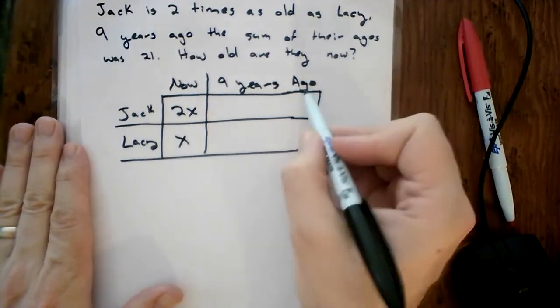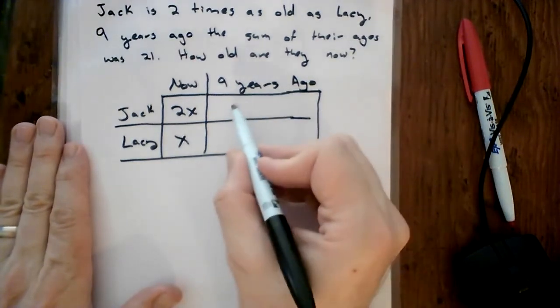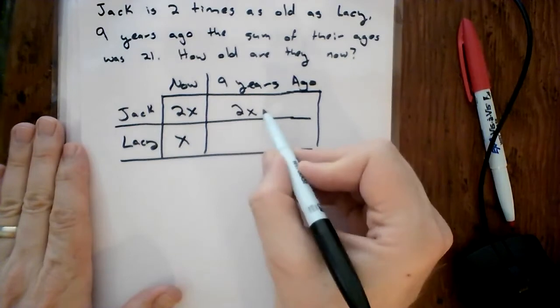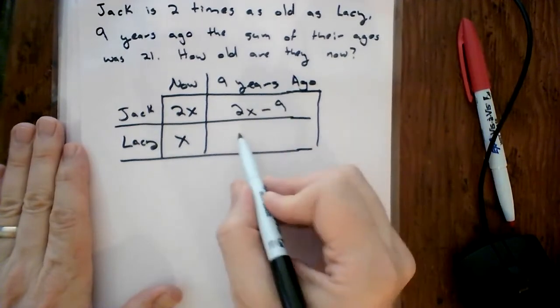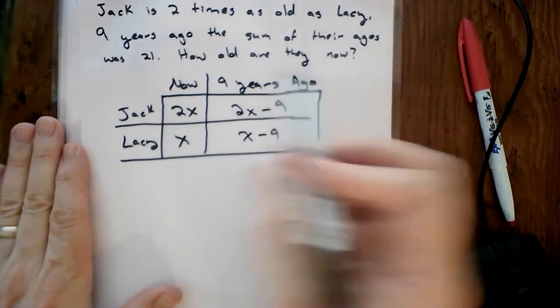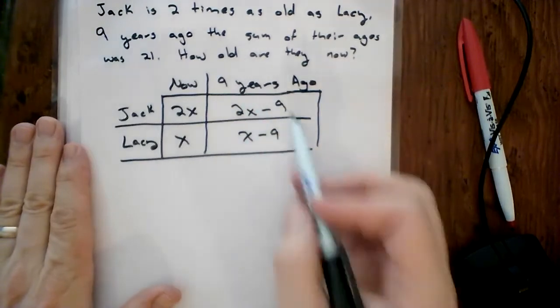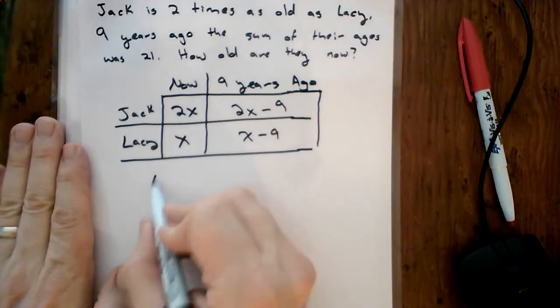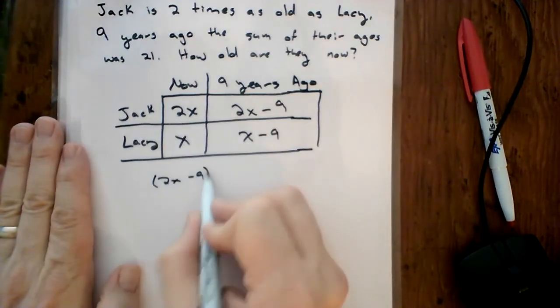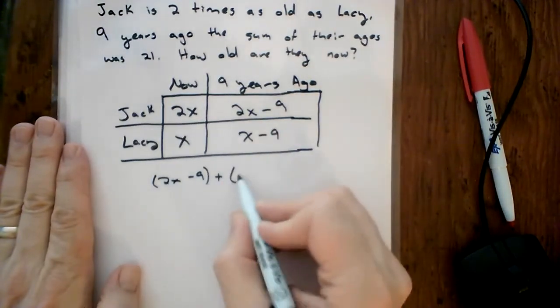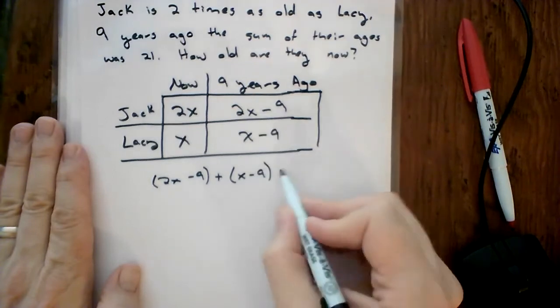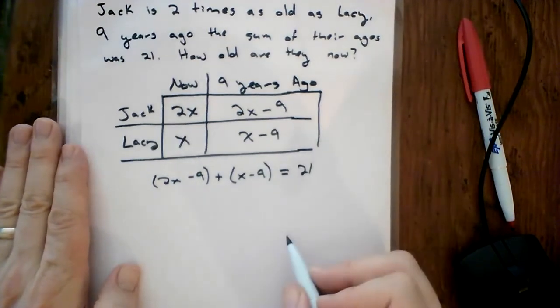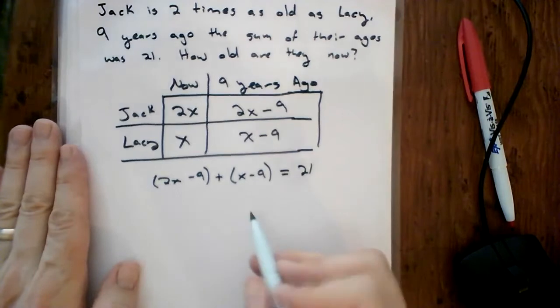If it were 9 years from now, instead of having a minus 9, it would be a plus 9, but this is minus 9. The sum of their ages, so 9 years ago, the sum of our ages, so sum means we're going to add these things, so I'm going to have this 2x minus 9 plus x minus 9, and the sum of their ages is 21.